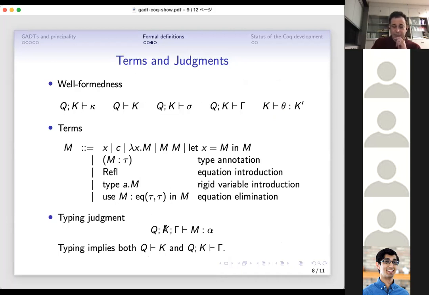Our typing judgments are M as type alpha under equation environment Q, kinding environment K, and typing environment gamma. And this typing judgment is going to imply that K is well formed under Q and gamma is well formed under Q and K.